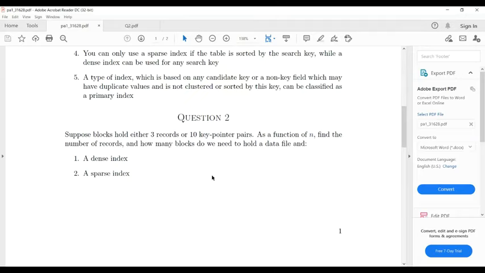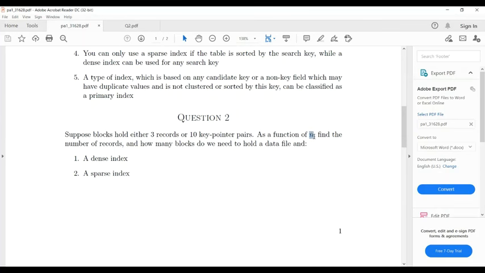Why? Because for the sparse index, we need only a single data entry to reference a block. For example, I have a block of 3 records, 50, 80, 100. While constructing the sparse index, I will only need the 50 in this case. So I will need to reference the blocks, not the records themselves.